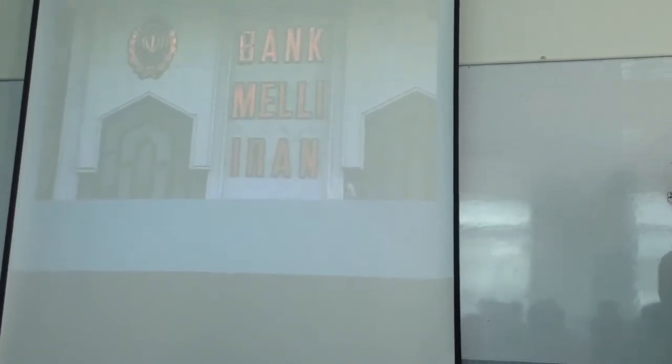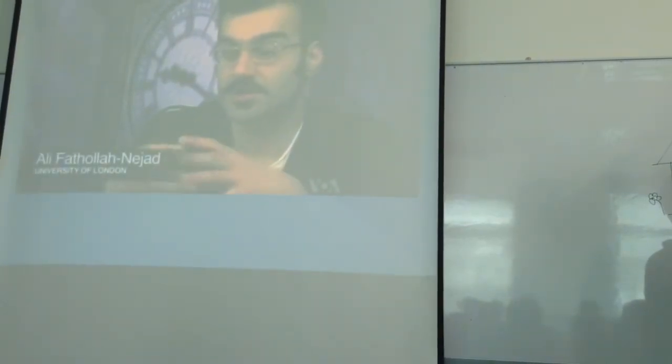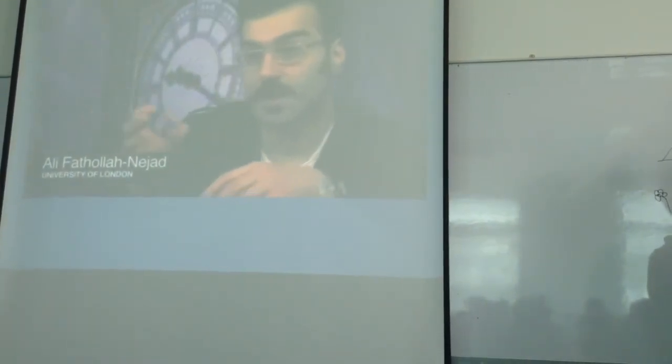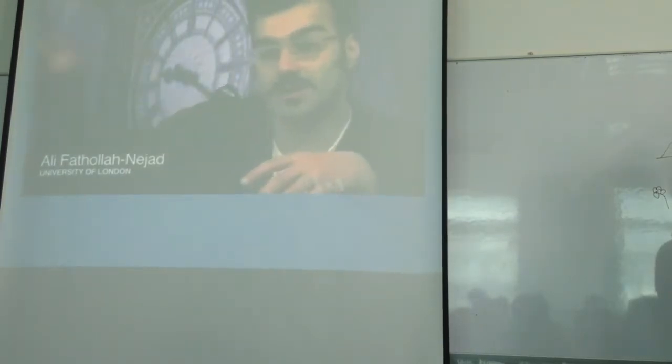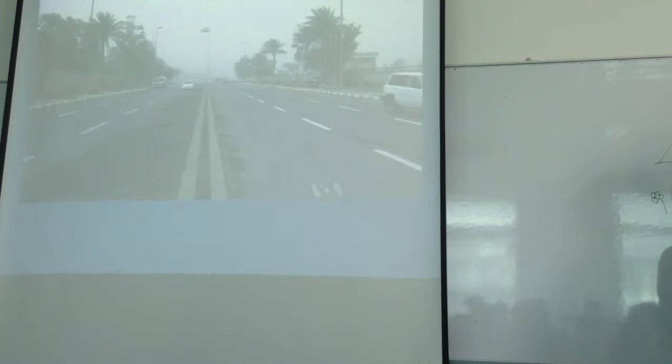The banking sanctions are causing the most pain in Iran, says analyst Ali Fatollah-Nejad of the University of London. You have huge financial banking sanctions, which is the eye of the storm, from which every other civilian branch of the economy is then crippled.